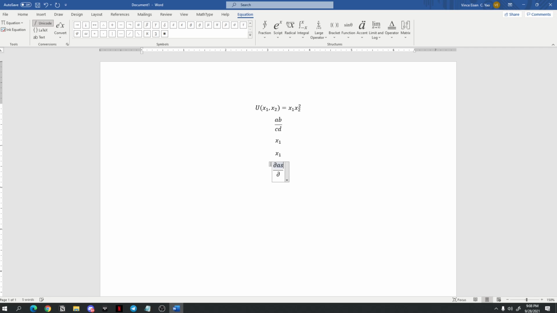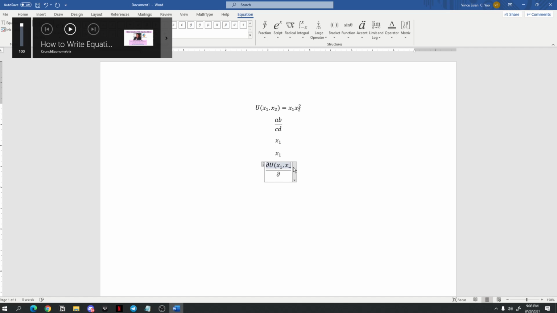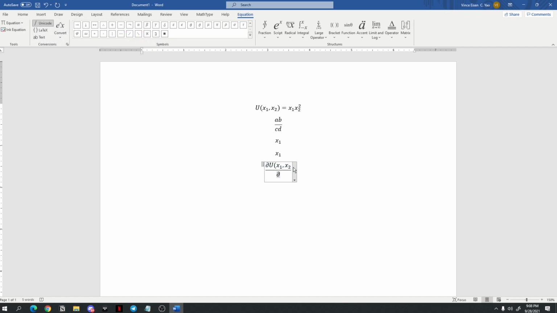And I just type, for example, u of x sub 1, x sub 2. Ooh, I wonder what's happening. x sub 2. And I just close this. Whoops, I just closed this. And then with respect to x sub 2, for example, is equal to whatever.